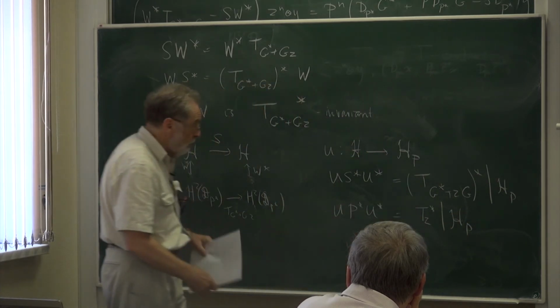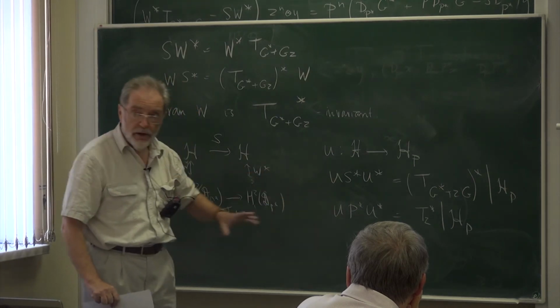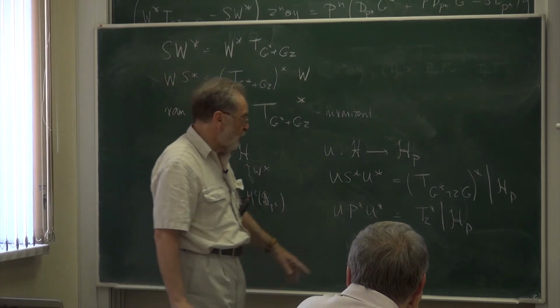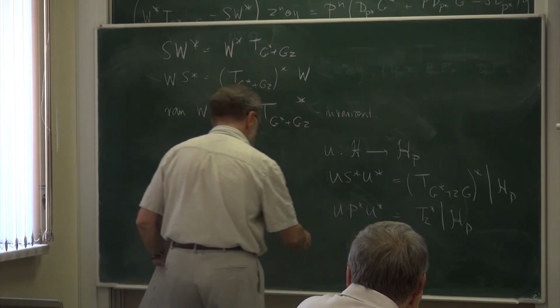And so taking adjoints in both of these, you get that S comma P is the compression to HP of this pair of operators.